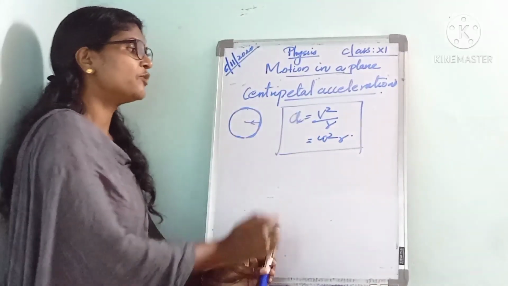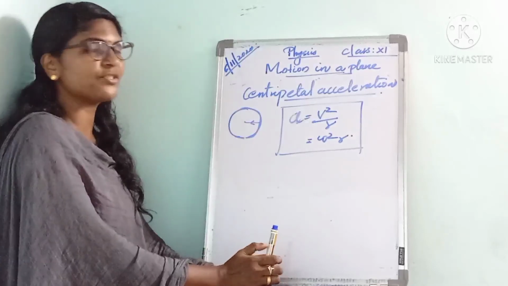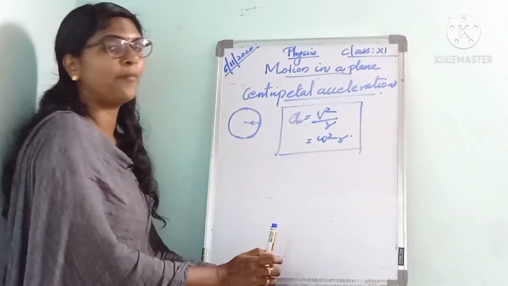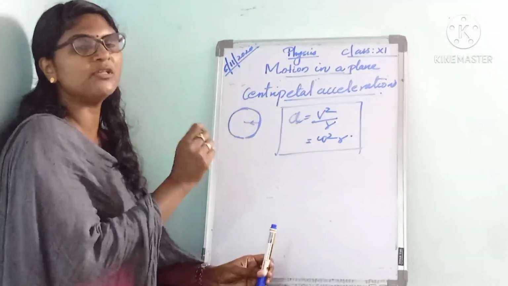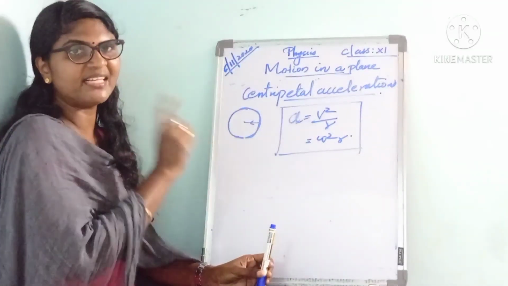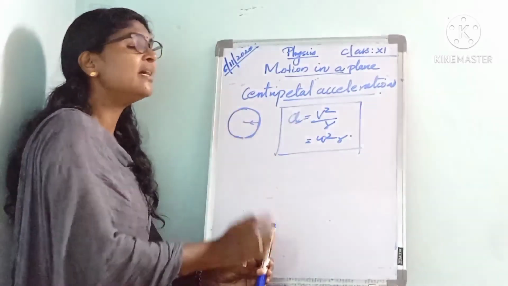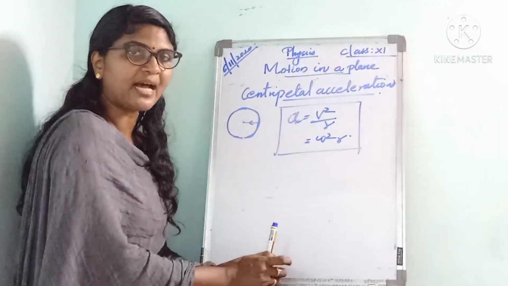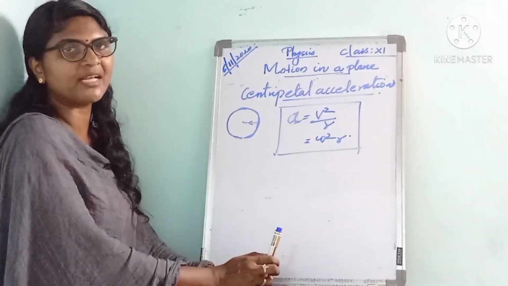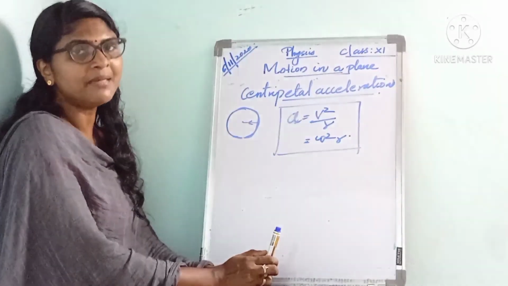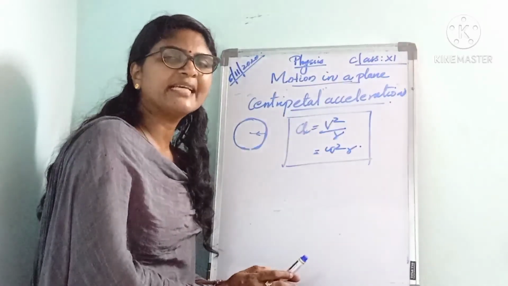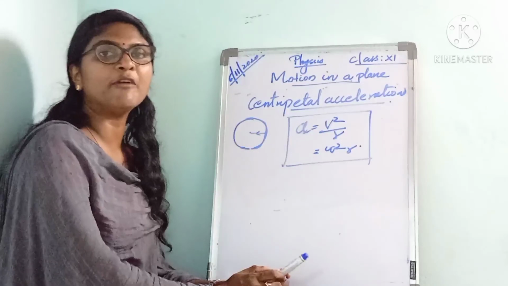So we have two relations: a is equal to v square by r, where v is the linear velocity and r is the radius of the circular path, or a is equal to omega square r, where omega represents the angular velocity and r represents the same radius. That is the end of today's class, and we have also finished the lesson.